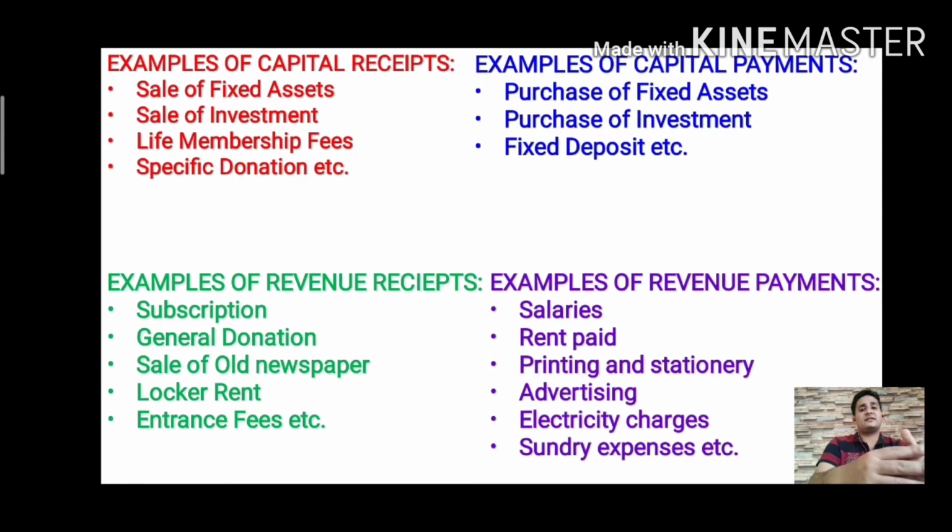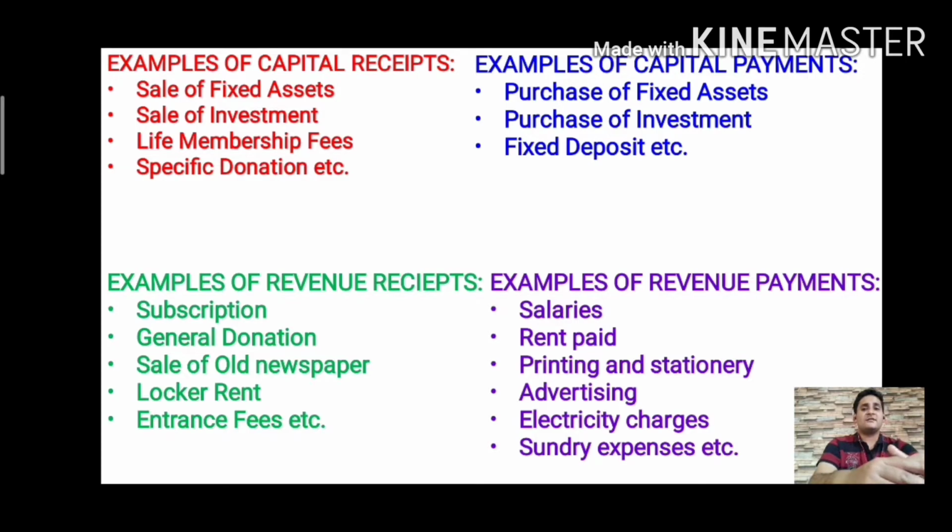If you have some specific donation given to your charitable institutions or clubs, then it is called a specific donation, and it is a capital receipt, because it is a one time donation. If your donation is recurring, if you are paying every year or every month, then it is a revenue receipt.